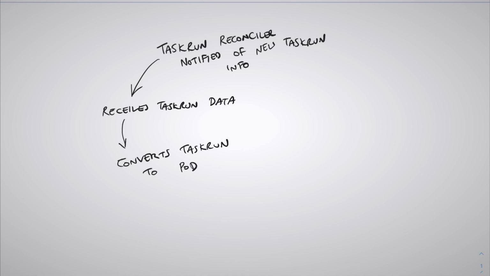And here we're talking about a description of a pod. It effectively writes a brand new YAML file describing a pod by taking fields from the task and task run and converting them into pod fields. Finally, it submits that pod back to Kubernetes.